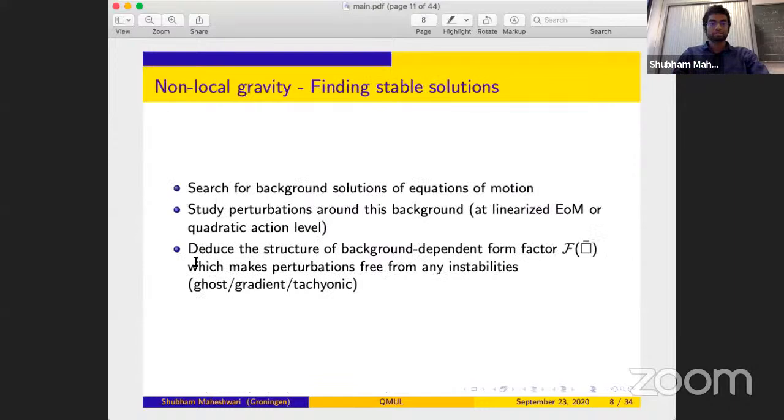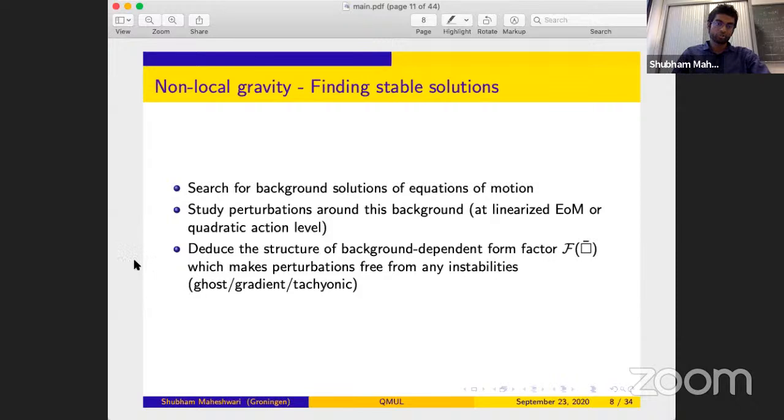So there is a 3-step process to finding stable solutions in non-local gravity. First is to find background solutions that can solve the equations of motion, and then we want to study what perturbations around this particular background look like. Firstly, we need to look at what it looks like at the linearized level, at the equations of motion, or at the level of the quadratic action, before going on to nonlinear corrections.